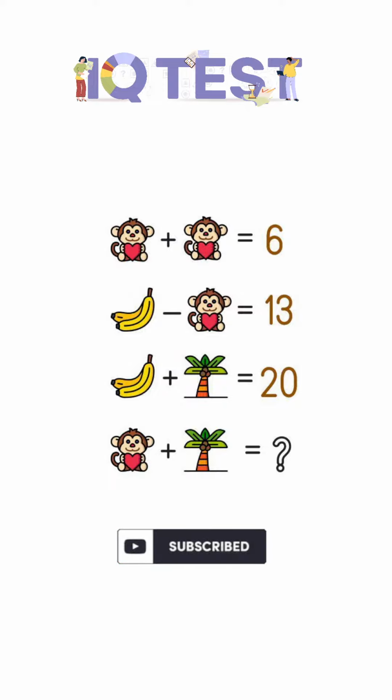The banana is 16. I agree. So what of the tree? The monkey is 3. The banana is 16. I agree.